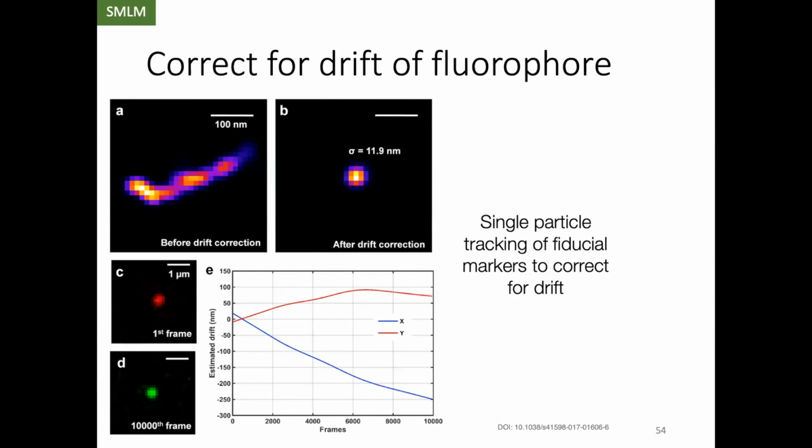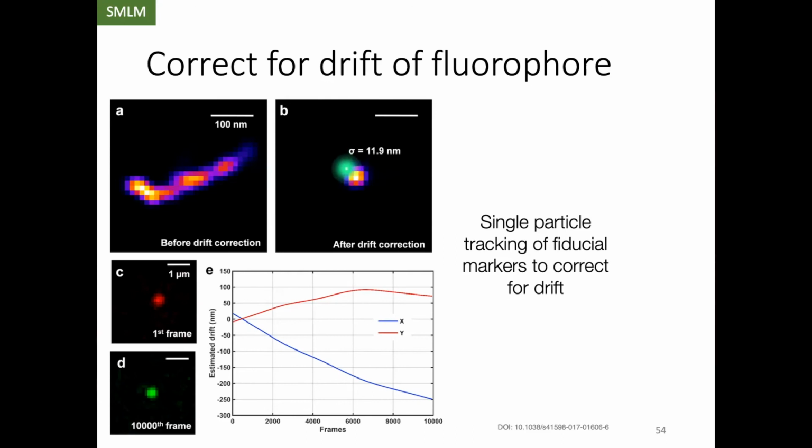Another issue is that, for example, your sample can drift. Look at the scale bar, we're looking at nanometer sizes. So any temperature fluctuation in your room, in your sample, will create a small thermal drift in your image. What you can do for that is mathematically track each spot.